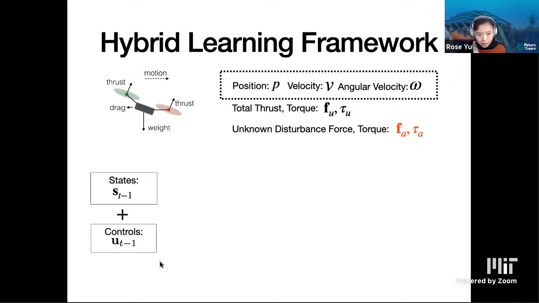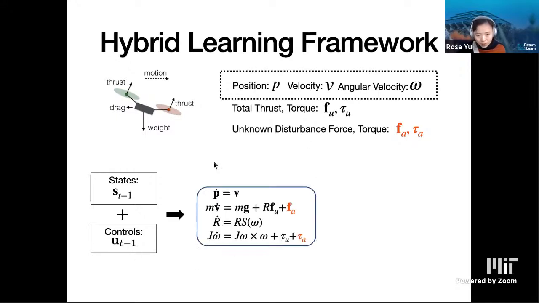So we have a set of differential equations that governs the motion of the drone. For instance, the first order derivative of position is velocity, and all these equations can be derived from Newton's laws, and there's nothing complicated about this type of model. Again, everything in black is either known or can be calculated from first principles. But the part in red are unknown terms that correspond to the unknown disturbance force and the unknown disturbance torque.